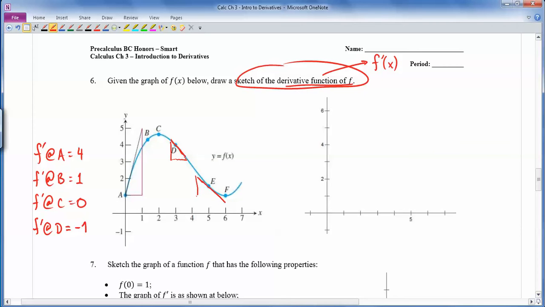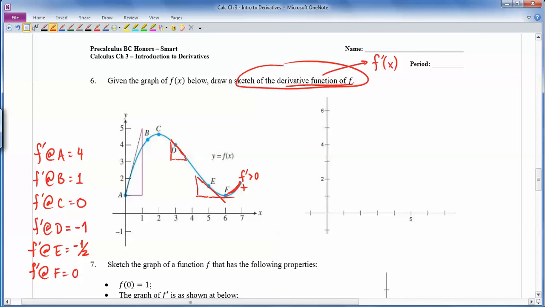Down 1 over 1 and a bit. So to make it a little simpler, let's say it's a drop of 1 over a run of 2. And then at F, f prime at F, that's 0 again because it's flat there. And then notice the f prime is positive again after that. So let's draw a sketch.